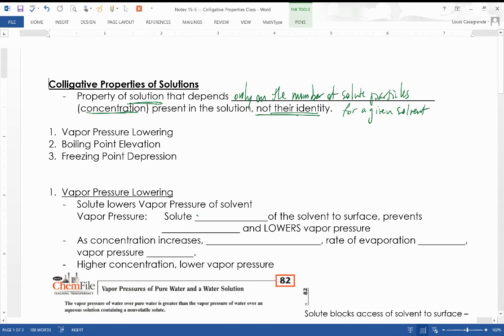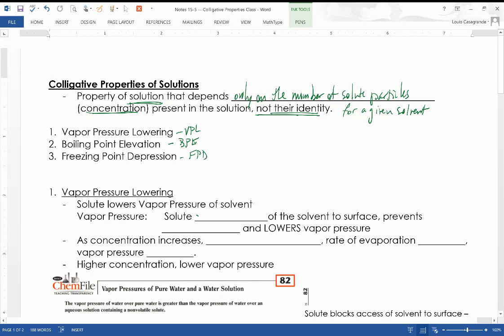So in your book, I think it talks about 4 colligative properties. We're going to talk about the first 3 because they're the ones that are easiest to understand and the most relevant to what we do on a day-to-day basis. And those 3 properties are vapor pressure lowering, boiling point elevation, and freezing point depression.